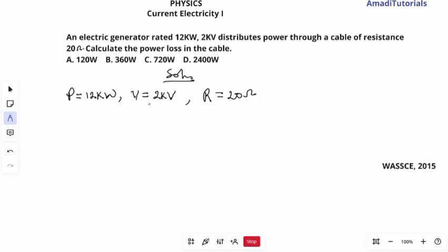So accordingly, when power is being generated, each component in the electrical network takes some chunks or some fractions of that power. Take for instance, if the power is from a DC source, when it goes to a resistor, the resistor will take its own power, PR. It will take part of that power.